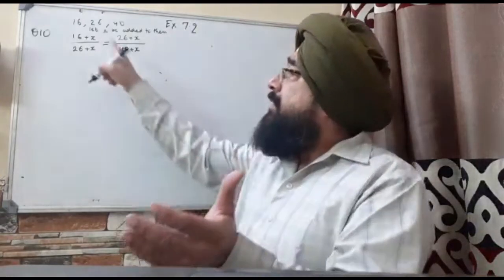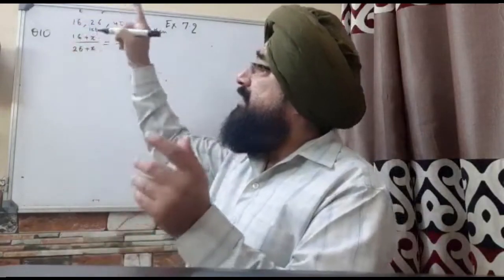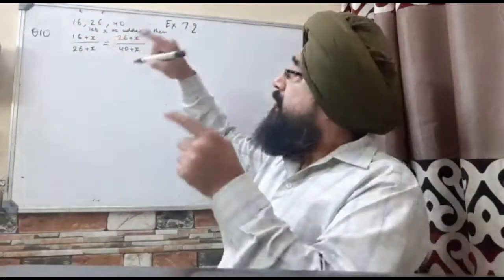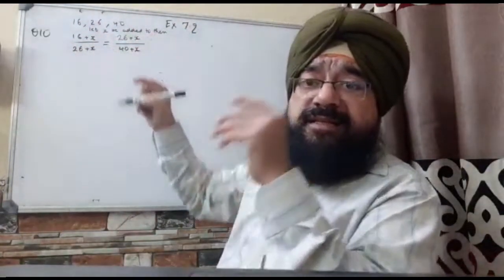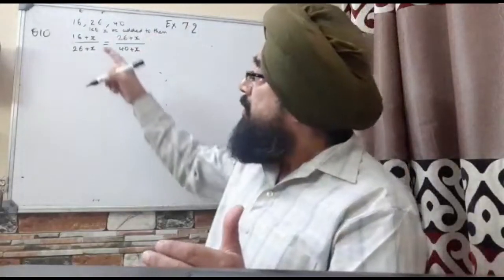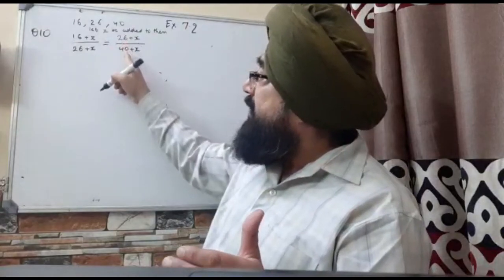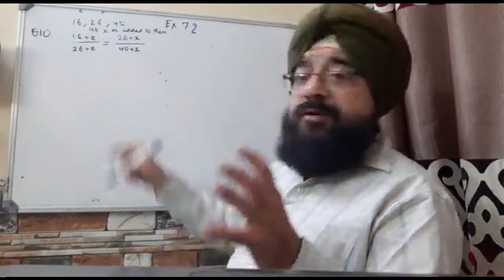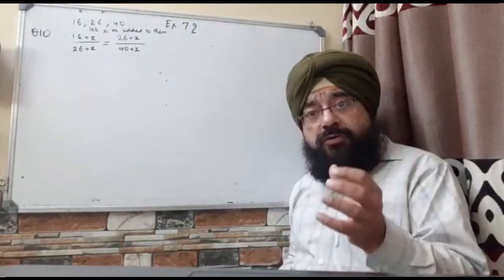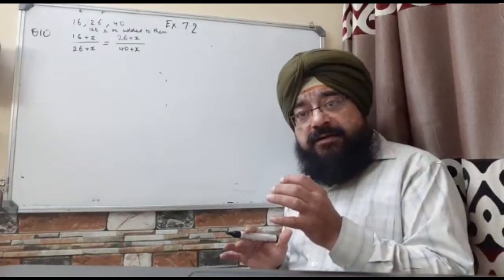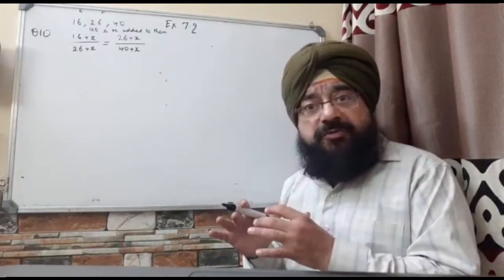Continued proportion meaning 16 will become 16 plus x, 26 will become 26 plus x, 40 will become 40 plus x, and they are in continued proportion, meaning a over b is equal to b over c.